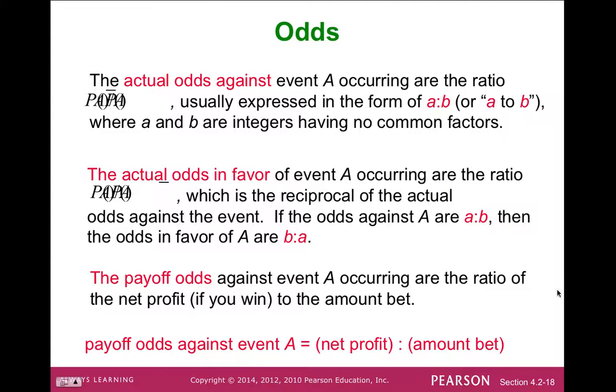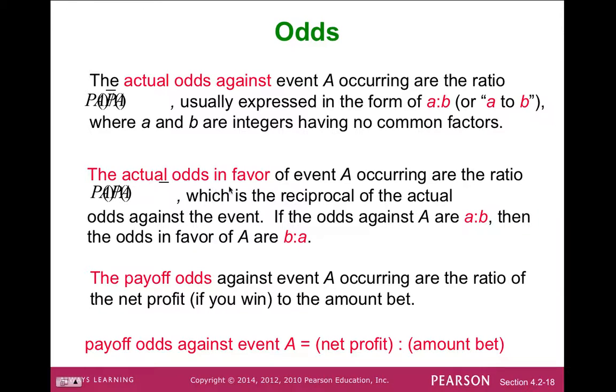A couple of other things to touch on. Odds. In probability, sometimes things are expressed as odds. The actual odds against event A occurring would be the ratio of the probability of not A over the probability of A. And it's usually expressed in the form of a to b, where a and b are integers having no common factors.